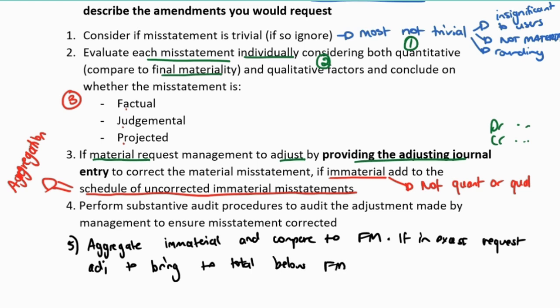Okay, and I can just put through whatever journals I believe, because there could be quite a few that make up that list, and I just need to bring the total down below final materiality, so I can just say, just reverse this entry, and then the total will be below final materiality. Okay, so I'm doing the exact process that I have discussed as the evaluation process above.